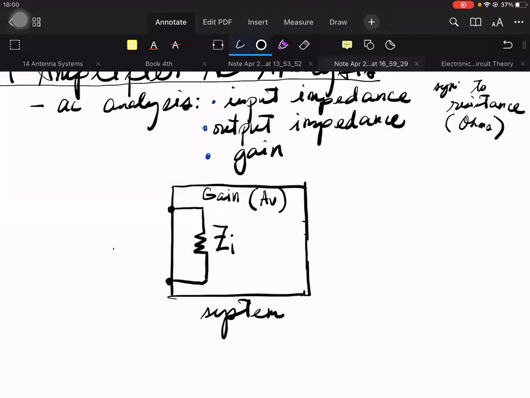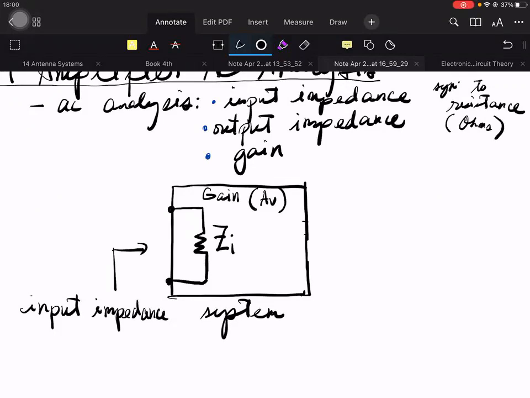Input impedance is the resistance that is measured when looking into the system.